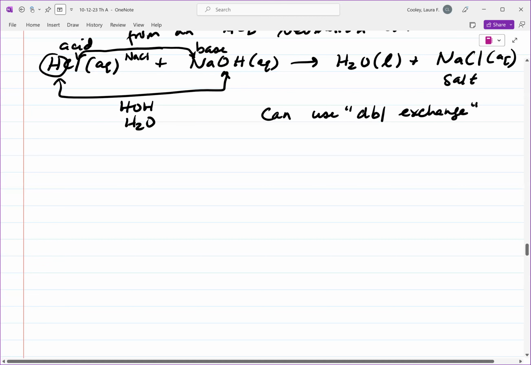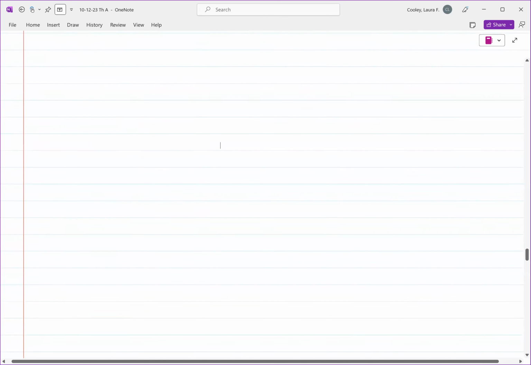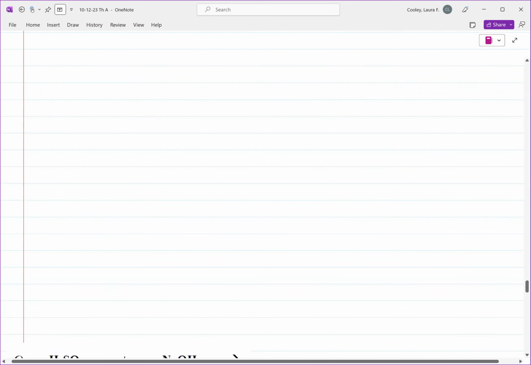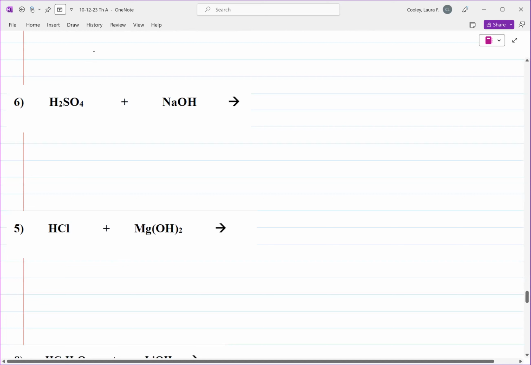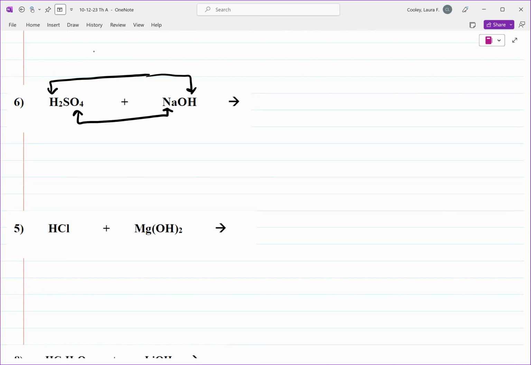So let's do reaction number 6 first. Okay, number 6. So you could say take the H's from here and the OH from here, and then write, so you know that the first product is water. Well, it doesn't have to be first. You could write it second if you want.